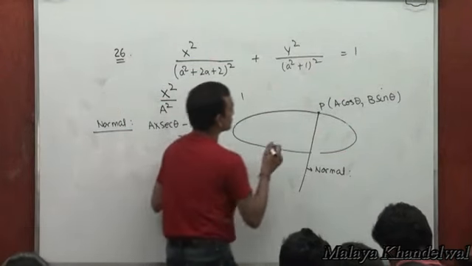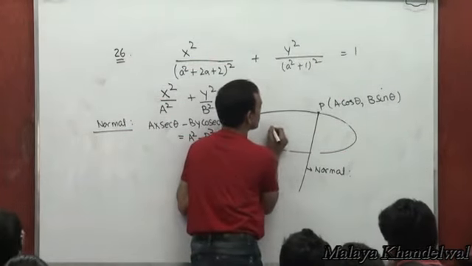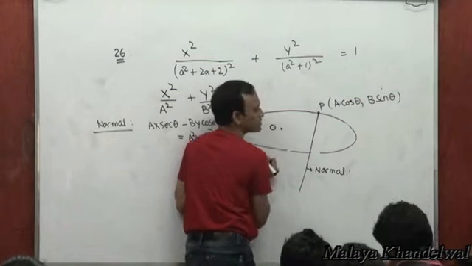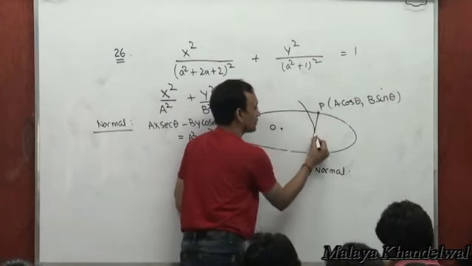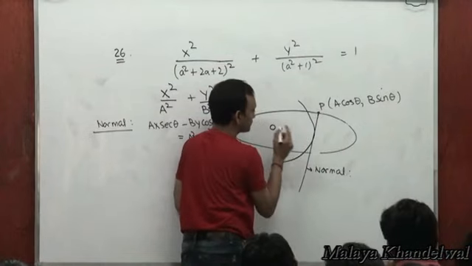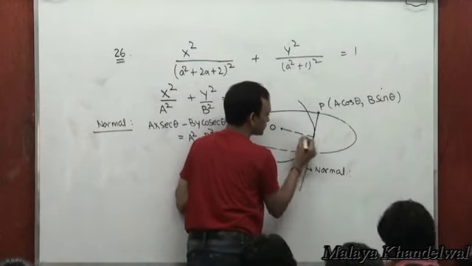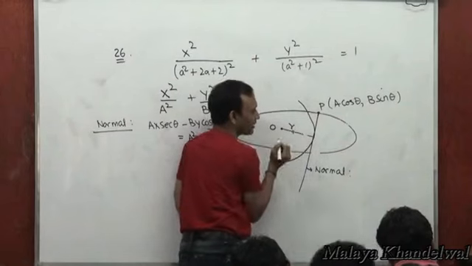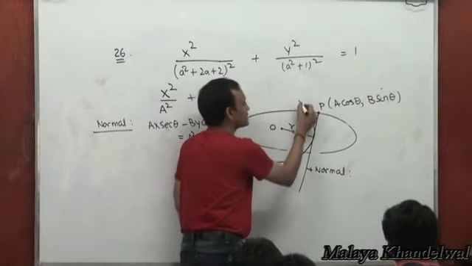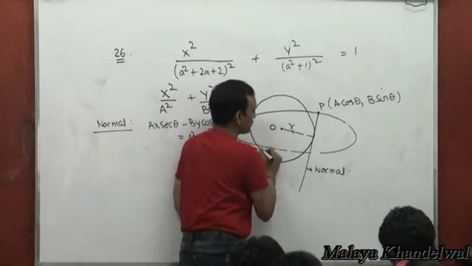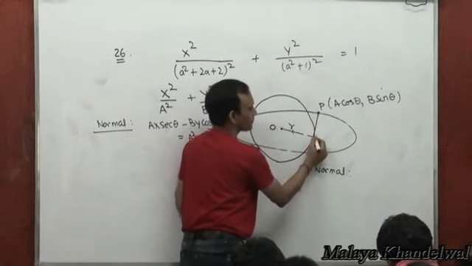Now, with the center of the ellipse as the center of a circle, we draw a circle of radius r such that the normal is a tangent to that circle.